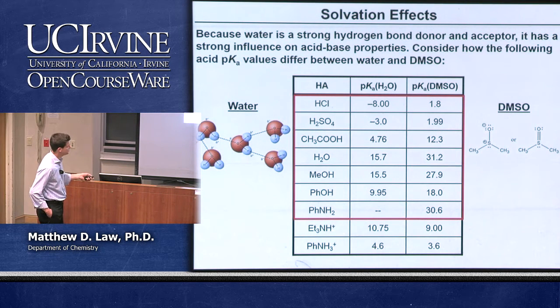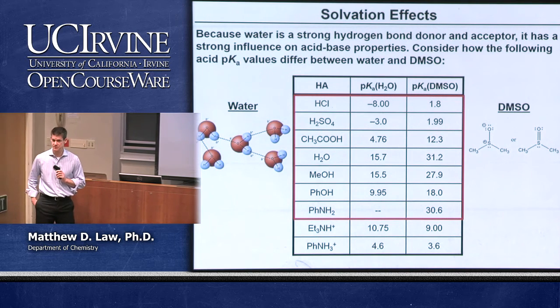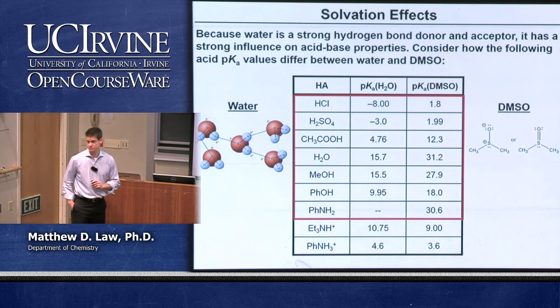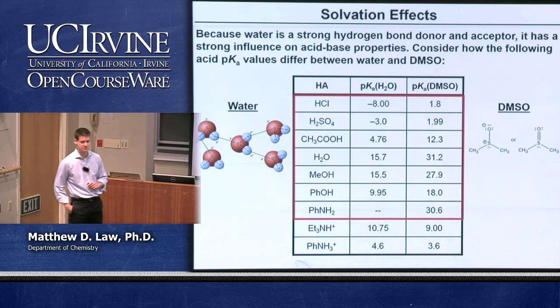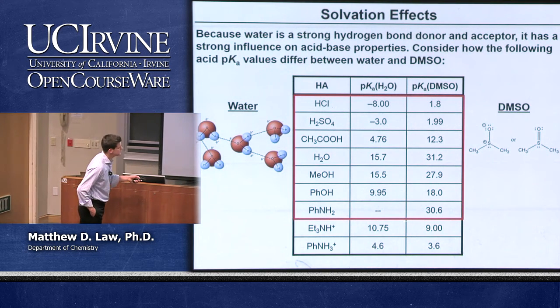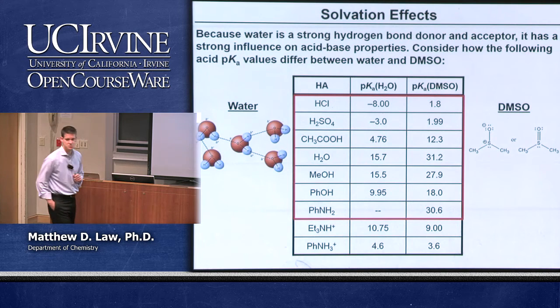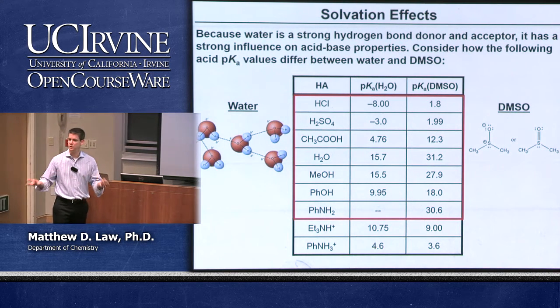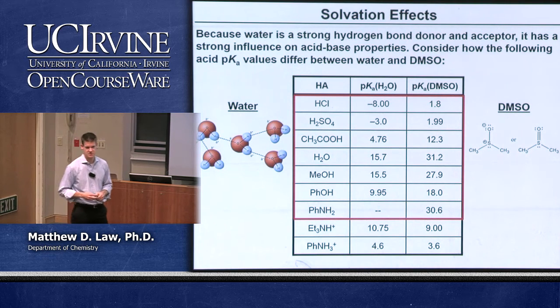If you look at the bottom, though, you see an interesting change. For the protonated acids here, these amines, these nitrogen-based acids, first of all, the difference in acidity is much smaller now. And actually, water is now weaker than DMSO. Not by that much, but it's weaker. The reason these are much closer in value to each other now is because when you deprotonate these species, you generate a neutral species.